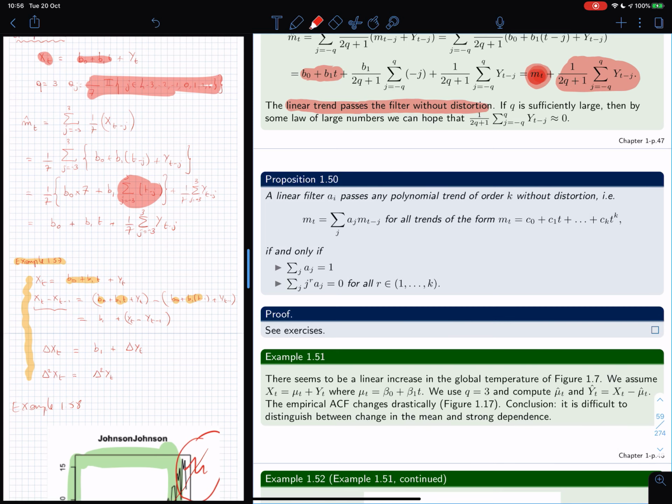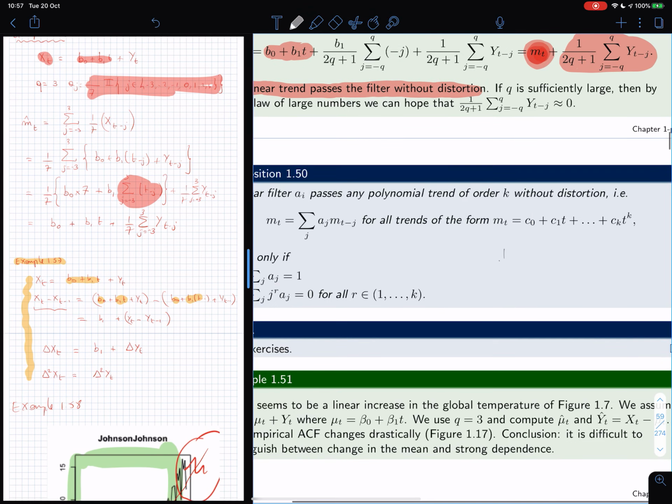This is the case, for example, with the weight we have just studied. If we have 1/7 times the indicator of j being less than or equal to 3, then the sum of the weights is indeed 1. And if I take the sum of j times 1/7 times the indicator, this gives you the sum for j going from -3 to 3 of j, and this is just 0. So this is also satisfied.